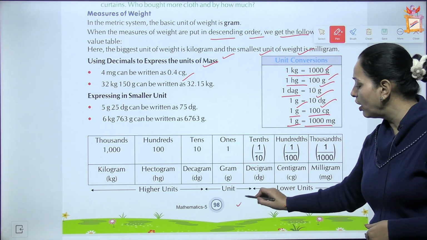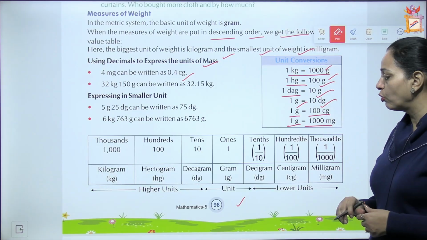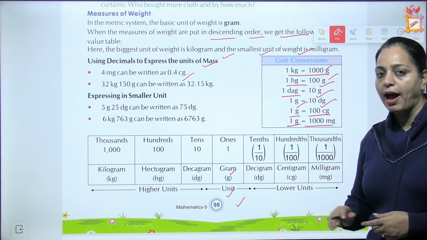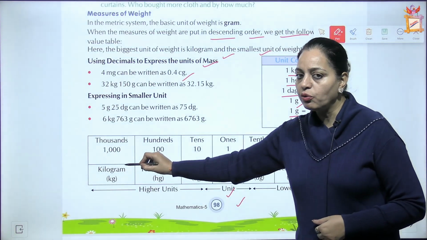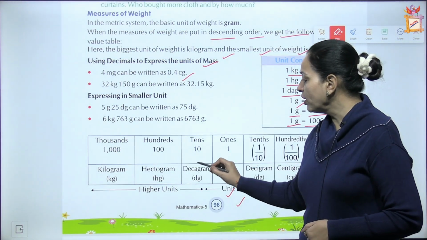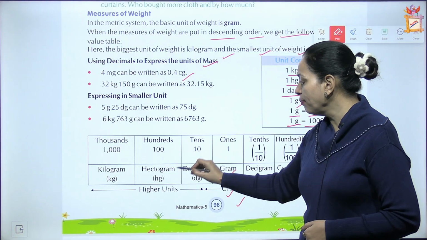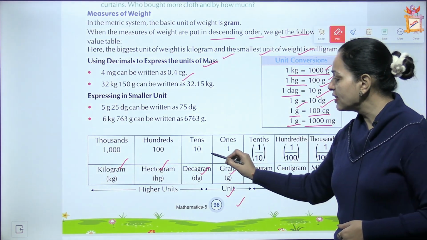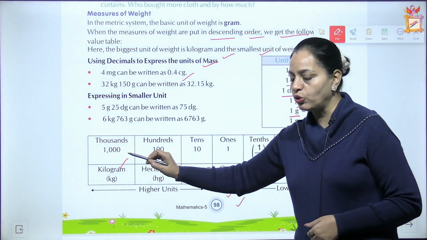So first of all, learn this table like we have done for length. Here the basic unit is gram. Now these are the higher units and these are the lower units. Higher units here: decagram, hectogram, kilogram. So ones, tens, hundred, thousand.